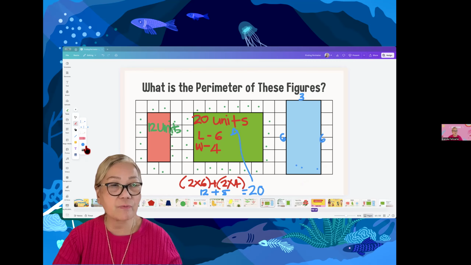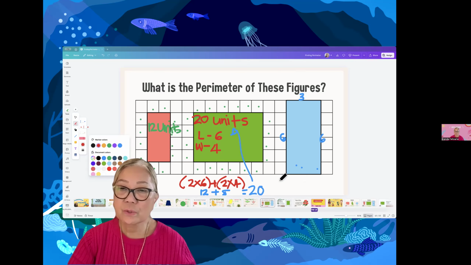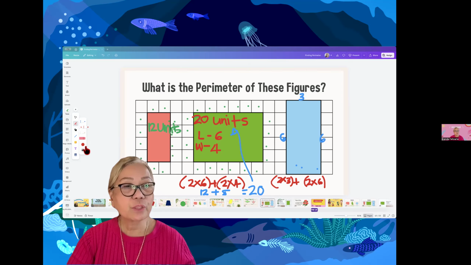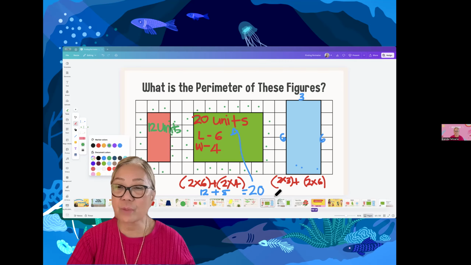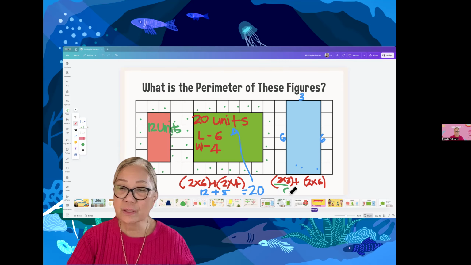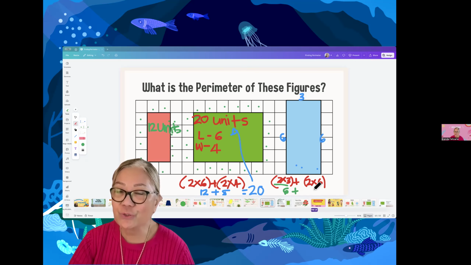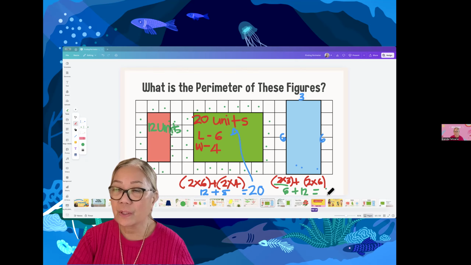All right, so we will have 2 times 3 plus 2 times 6. 2 times 3 is 6, plus 2 times 6 is 12. So that is equal to 18.